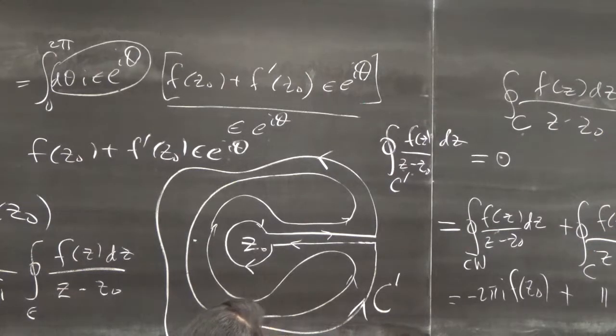The way this is normally written is f of z0 is 1 over 2 pi I times the integral along the contour of f of z dz over z minus z0, counterclockwise. Okay. This is the Cauchy integral formula.